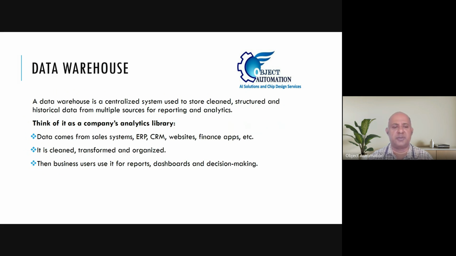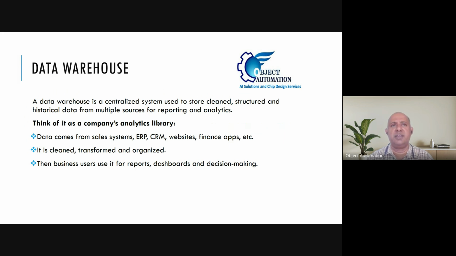What is a data warehouse? A data warehouse is a centralized system where we store cleaned, structured historical data from multiple sources for reporting and analytics. As I told you, we don't disturb the database.